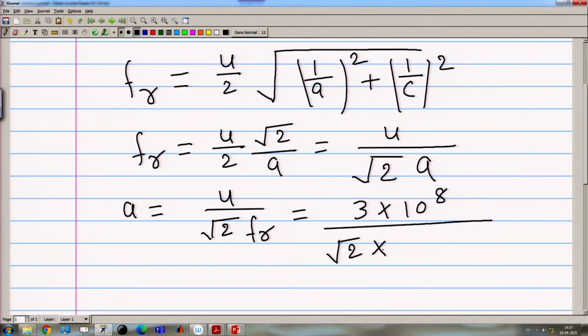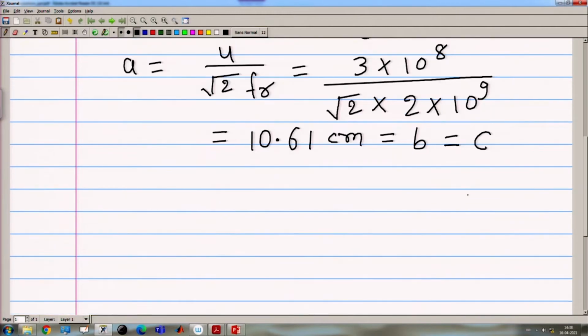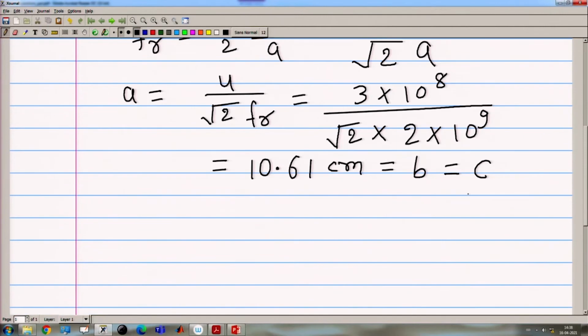Fr is given as 2 gigahertz, that means 2 into 10 to the power 9. So, this will come 10.61 centimeter. So, this is A, that means equal to B equal to C.